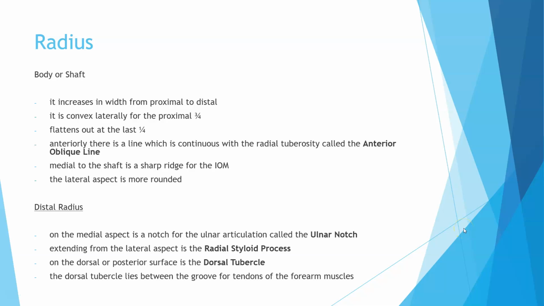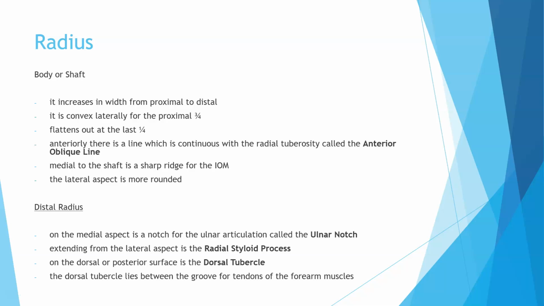Now, as we travel distally, we said that the radius gets larger, and it does, and as it moves laterally, it starts to get very large and has very distinct features to it. The first is found on the medial aspect.